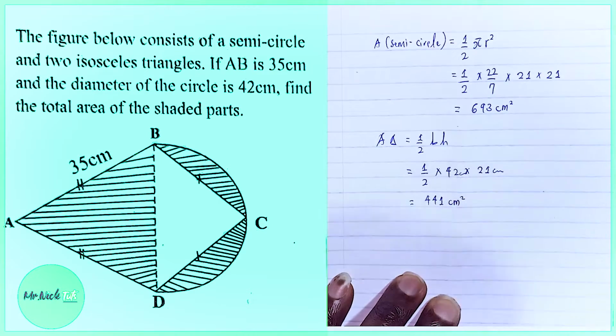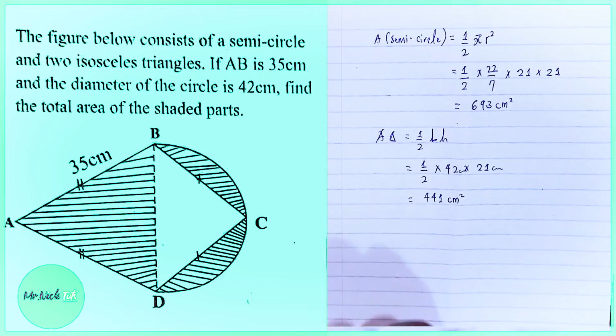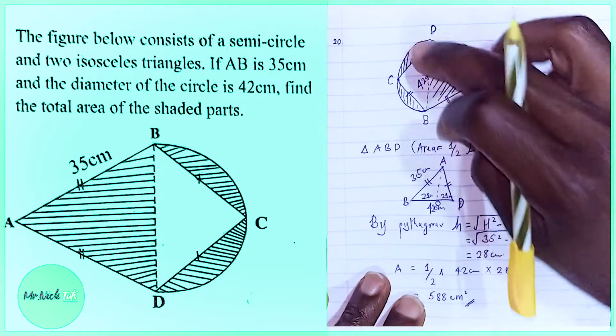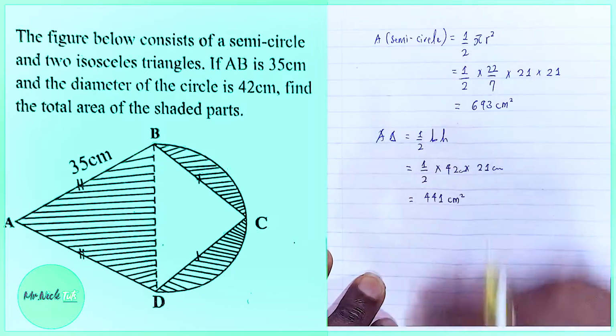So for us to find the area of the shaded regions on the parts of the semicircle, we'll basically take the difference between the semicircle and this triangle.